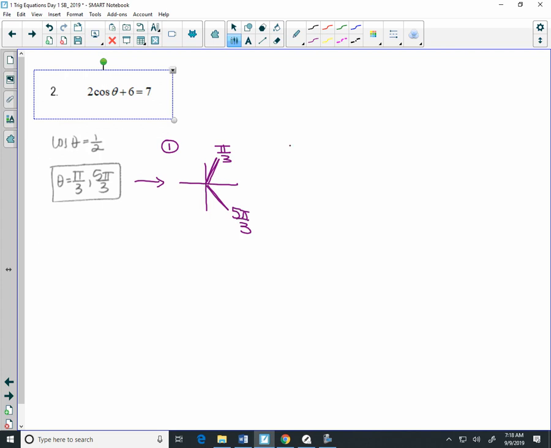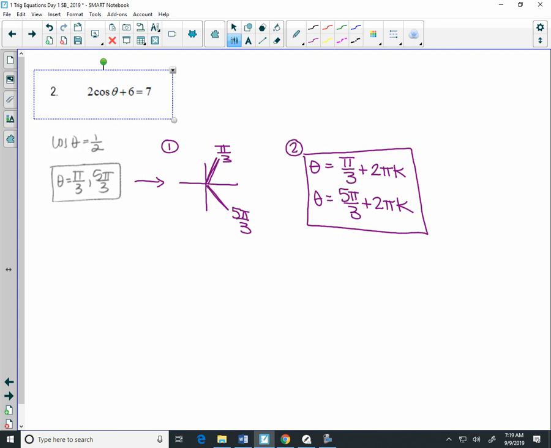So what we're going to need to do is write two equations as our answer. Pi over 3 plus 2 pi k gets us all the way around the unit circle and back to pi over 3 in the positive and negative direction. And 5 pi over 3 plus 2 pi k captures all of the coterminal angles for 5 pi over 3.